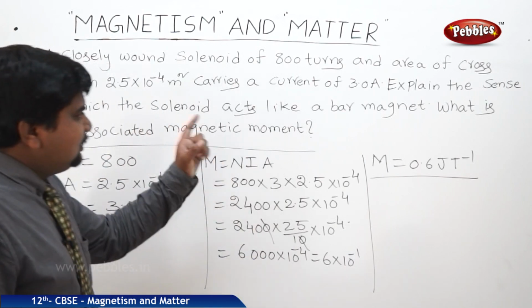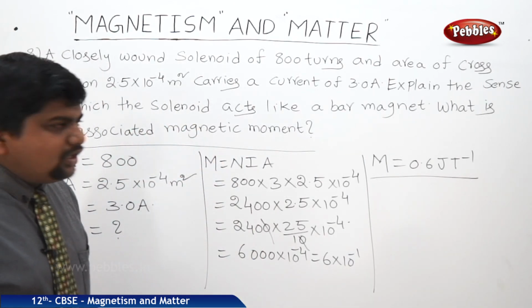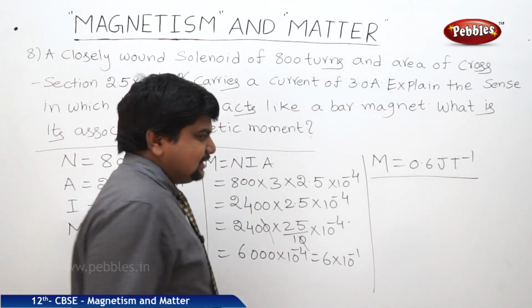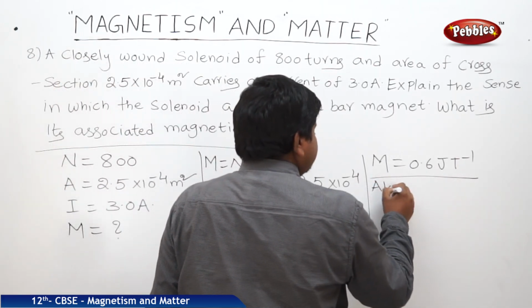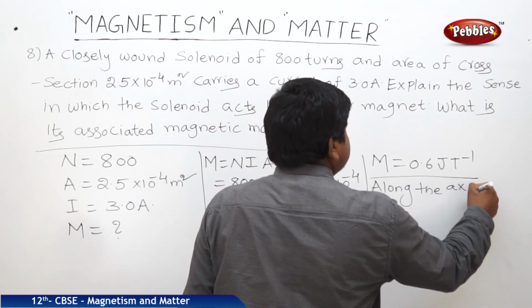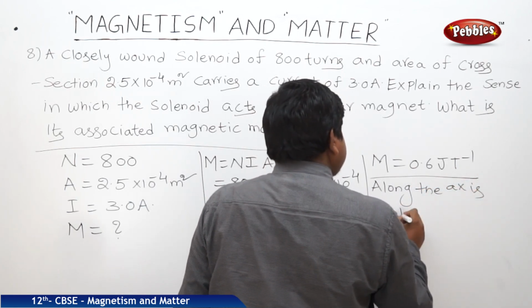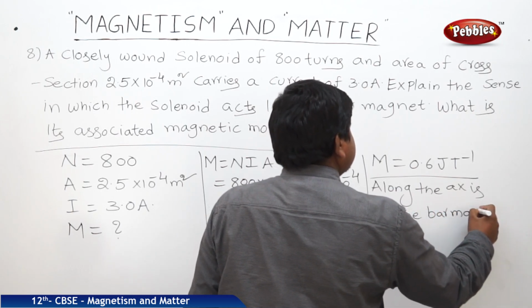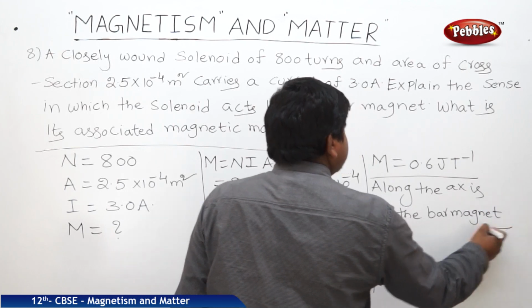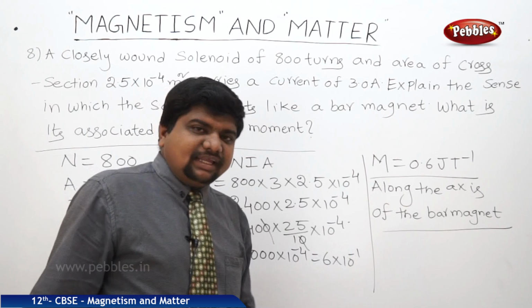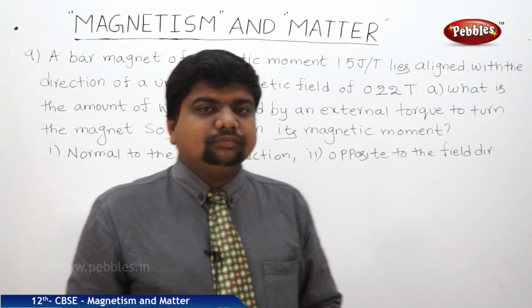So it has the magnetic moment of 0.6 joules per Tesla along the axis of the bar magnet. So along the axis of the solenoid, it acts like a bar magnet.